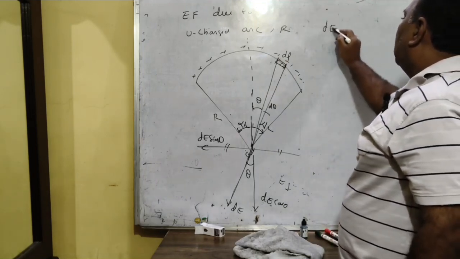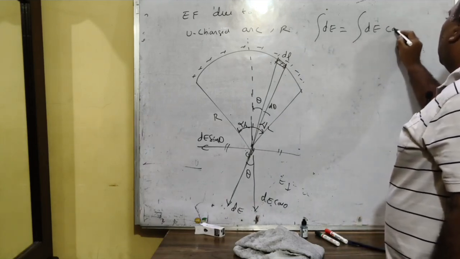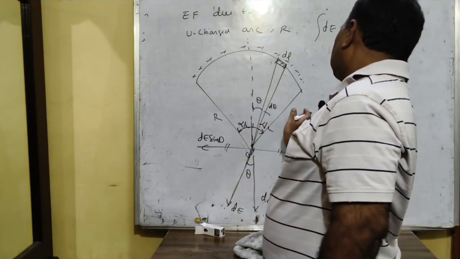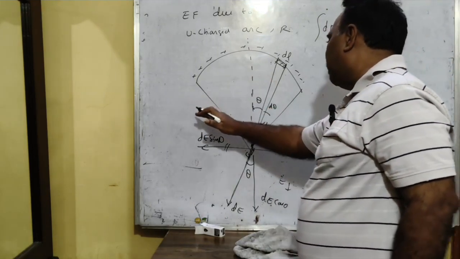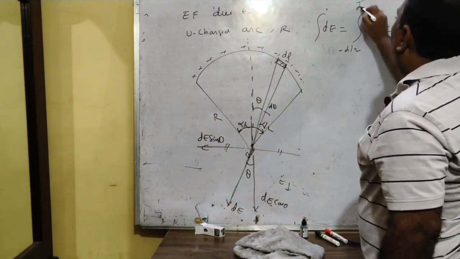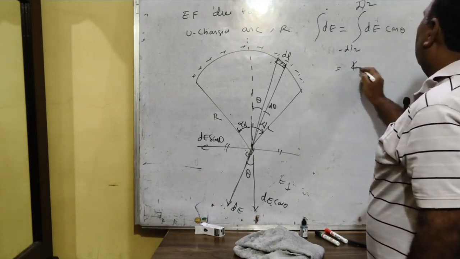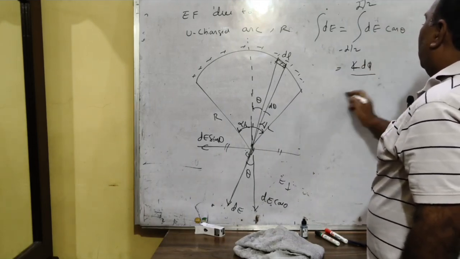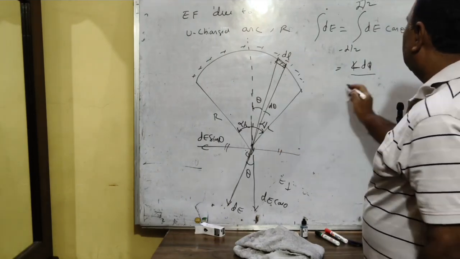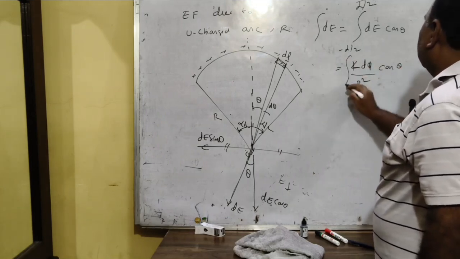That's why, what is the total electric field? Integration of dE cos theta. From which angle to which angle? Let this side be minus alpha by 2 and this plus alpha by 2, or vice versa. So minus alpha by 2 to plus alpha by 2. Now what is dE? K dq by the distance from this element to the point where we are finding the electric field, capital R squared, into cos theta integration.